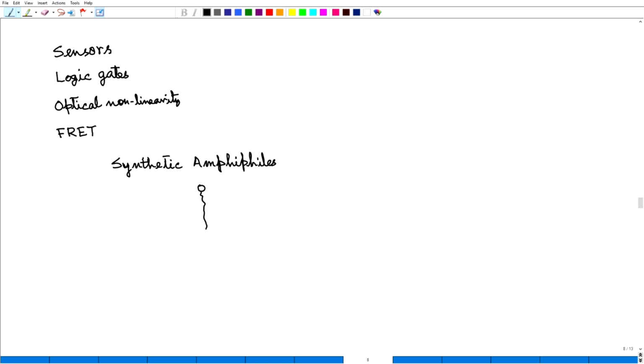This is an amphiphile, means a head group, this is called a head group. And this is called a tail. This will be hydrophilic, and this will be hydrophobic.